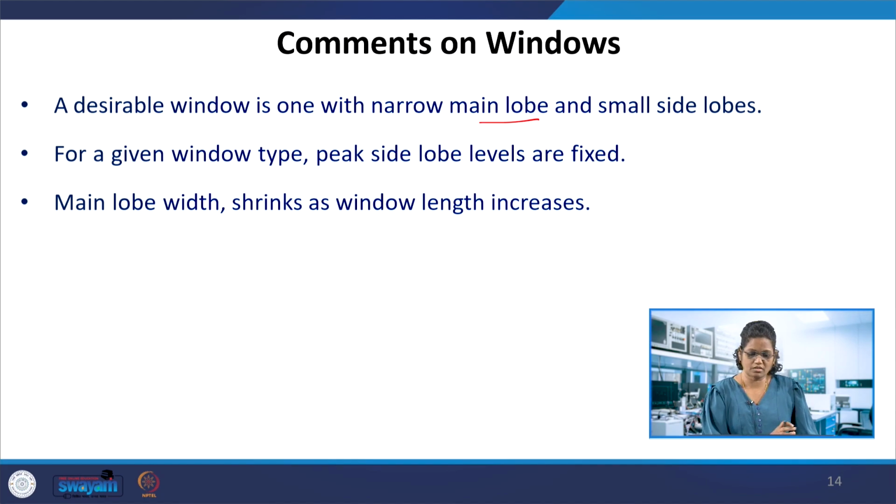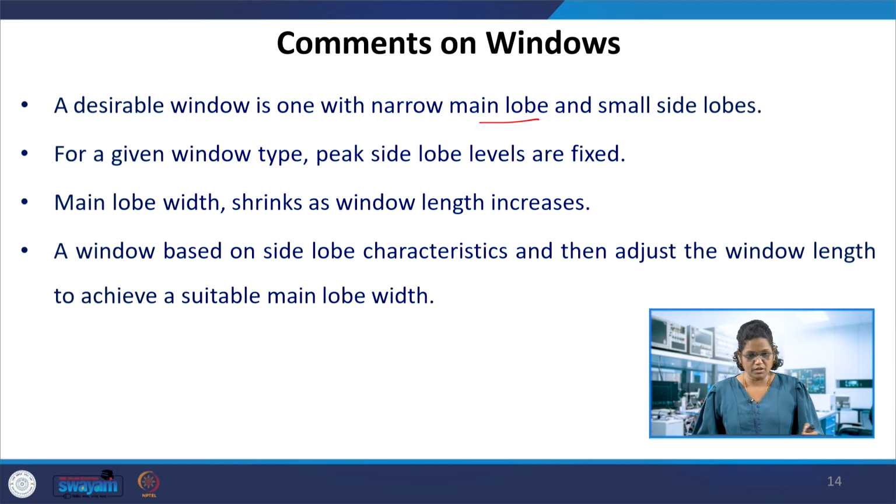We have seen that if we increase the number of window samples, the main lobe width decreases. Also, choose the window based on side lobe characteristics and then adjust the window length to achieve the suitable main lobe. So we decide which window to use depending on whether a smaller side lobe is required, and whether the main lobe width is suitable for the design or not, and then adjust the number of samples in the window.